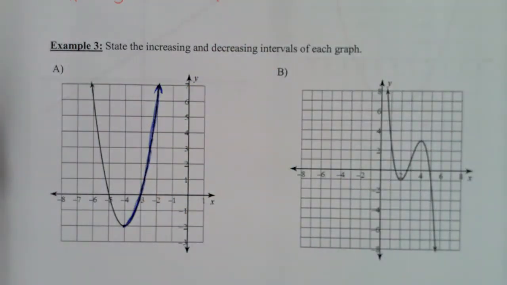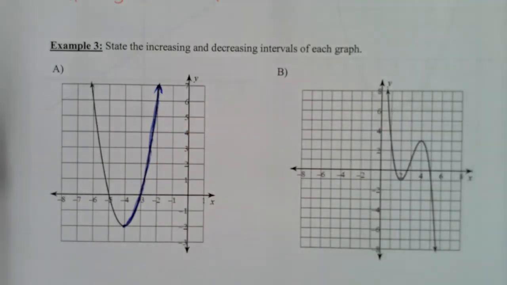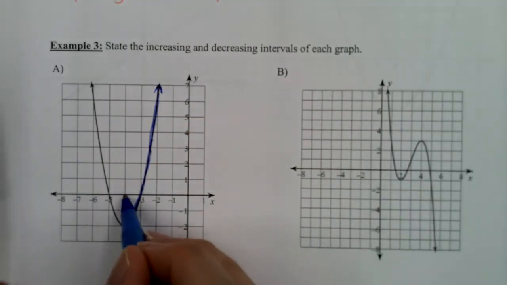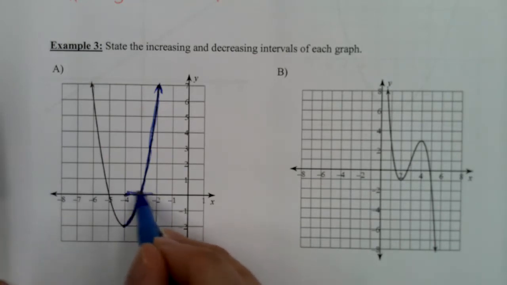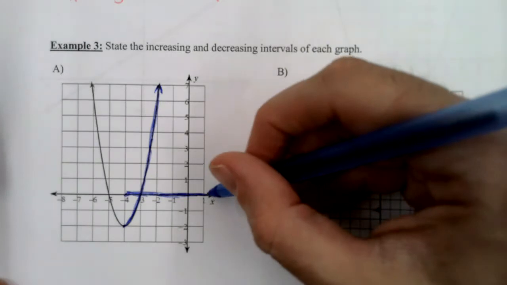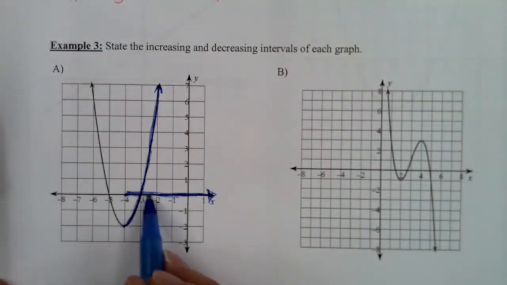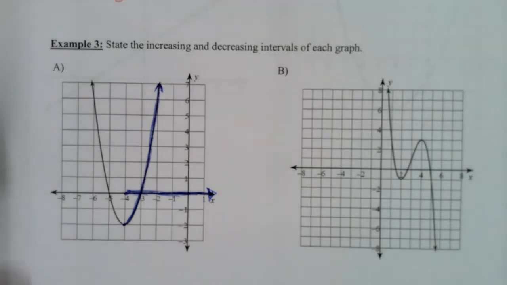So what x values, because we use the x values, what x values correspond to that? It's -4 to the right. These are the x values where it's increasing.